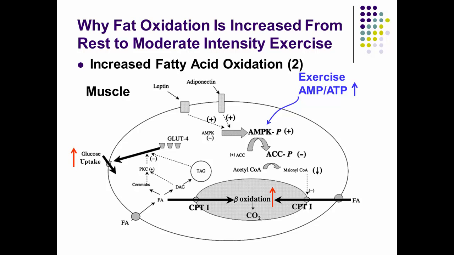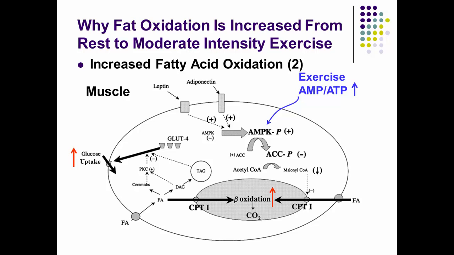So these are the two main mechanisms for why fatty acid oxidation is increased during rest to moderate intensity exercise. One is increased availability of fatty acids because of hormone changes: catecholamine increases and insulin decreases, so lipolysis increases in both adipose tissue and skeletal muscle.